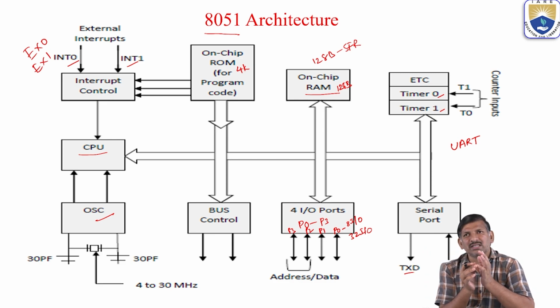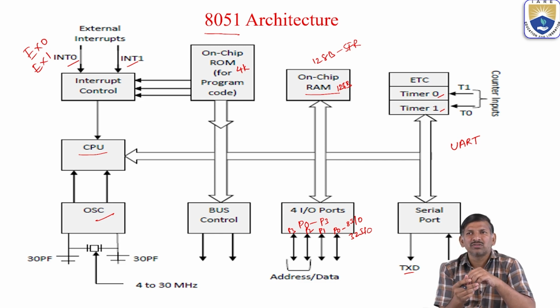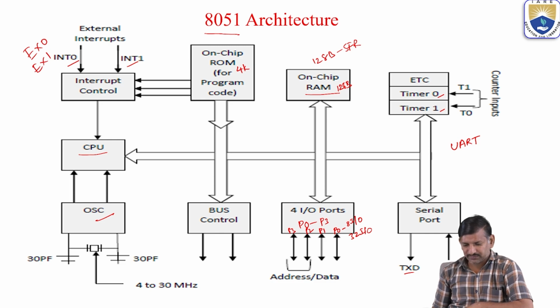So the cost increases, whatever the cost of these components, and size increases, cooling fans are required, and power consumption increases, whatever the power consumed by these external elements. If I am using the 8051, we can reduce all these when comparing with the 8086 based design.